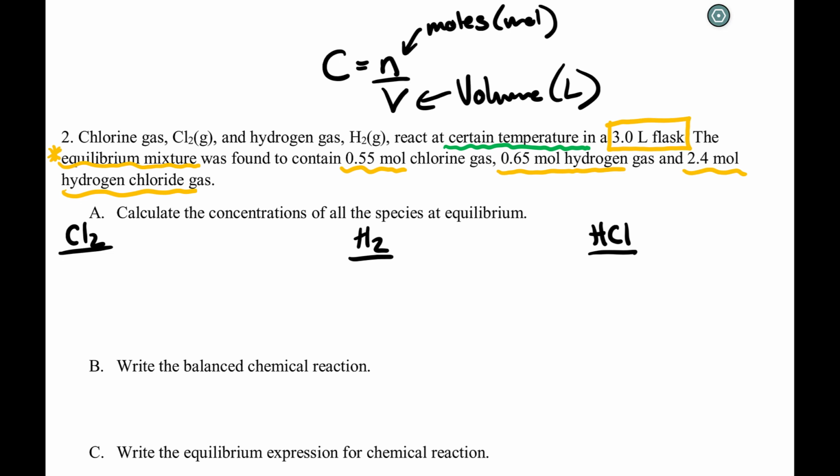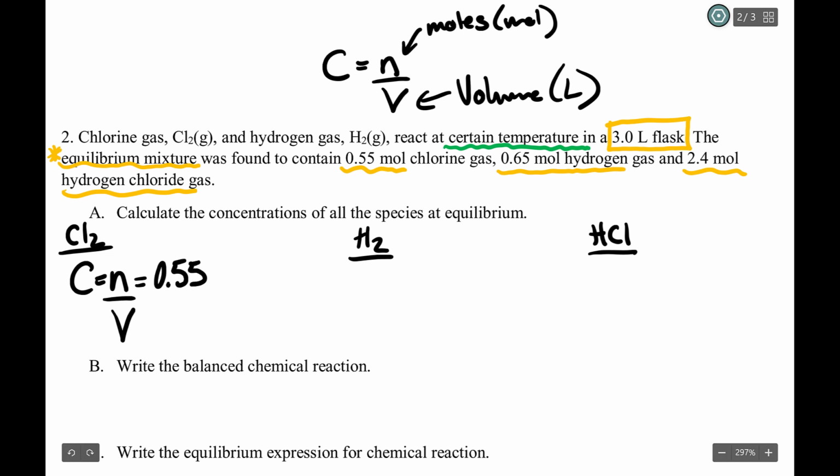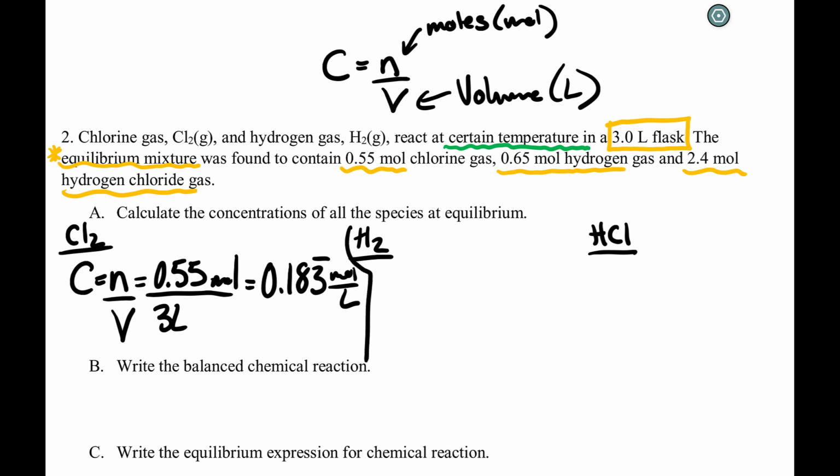Okay, now that you've had a chance to do that, we're going to do the 3 calculations and you'll check your work. So C is equal to n over V. For chlorine gas, it was 0.55 divided by 3 liters. So the concentration here would come out to 0.183 repeating moles per liter. Hydrogen would be 0.65 moles divided by 3 liters.